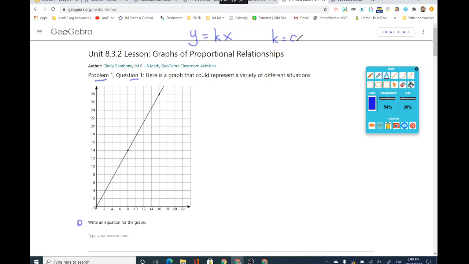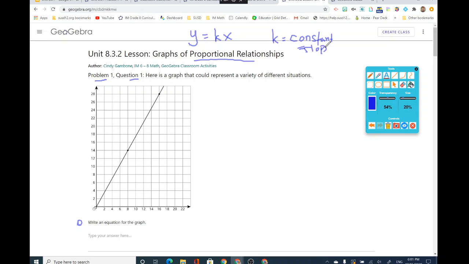That is a constant. And in linear relationships, which is another word for a proportional relationship, k equals the slope. K is a constant, and k equals the slope of the line.